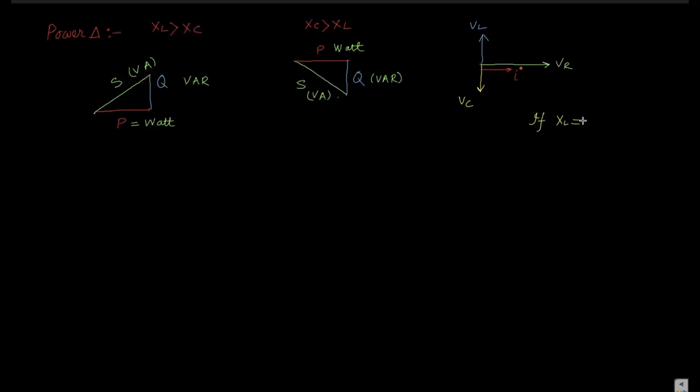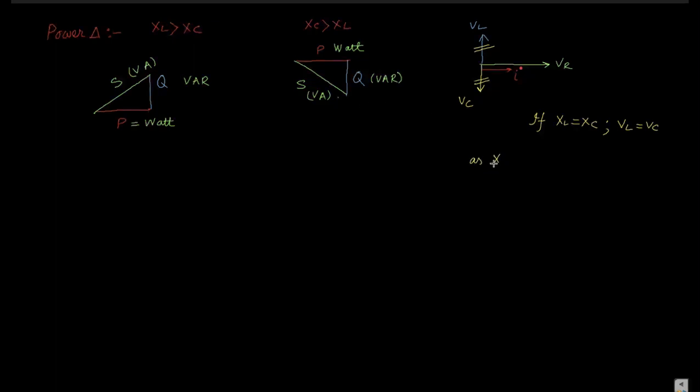If XL is equal to XC, that means VL is equal to VC. Then what happened? VL and VC cancel out each other. Then the RLC series circuit behaves like a resistive circuit.